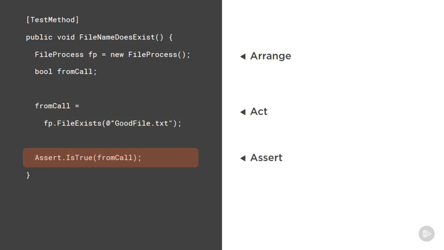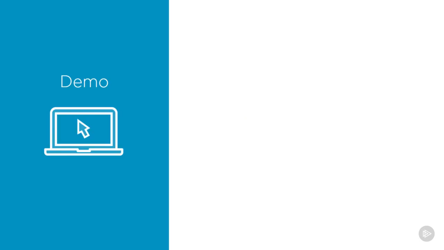And then we assert what we're expecting to be the correct result. So in this case, I was asserting that it's true, this value that came back from file exists. So we're asserting that the value in from call is true. Let's write the tests now and check out how we do our unit testing.